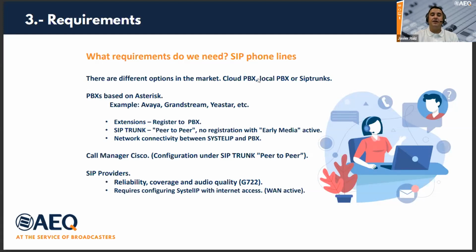We can use Systel IP like an extension, like a standard IP phone registered to the PBX, or we can integrate it like a SIP trunk, peer-to-peer from the PBX to Systel IP, with no registration, and with the early media option active.